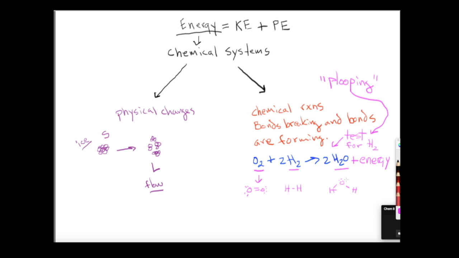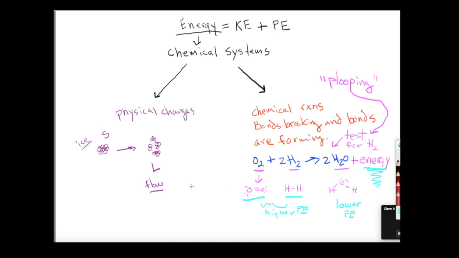Basically what I'm arguing is that the oxygen and the H2 here are at higher potential energy, so higher PE. And the product here is at lower potential energy. And since the product is at lower energy and the reactants are at higher energy, well, then some of that energy had to be released, right? And that's where this is coming from right here.